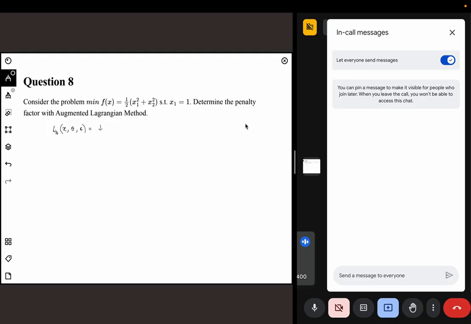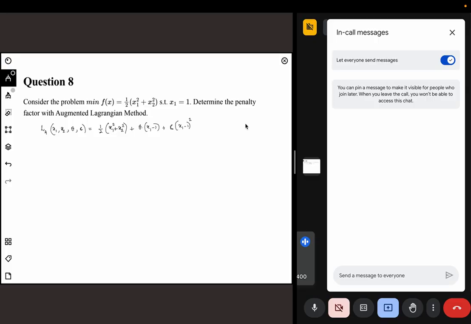So it will be half x1 square plus x2 square, plus the constraint theta times x1 minus 1, plus the penalty, which is c by 2 times x1 minus 1 whole square. This is what my augmented Lagrange function is.